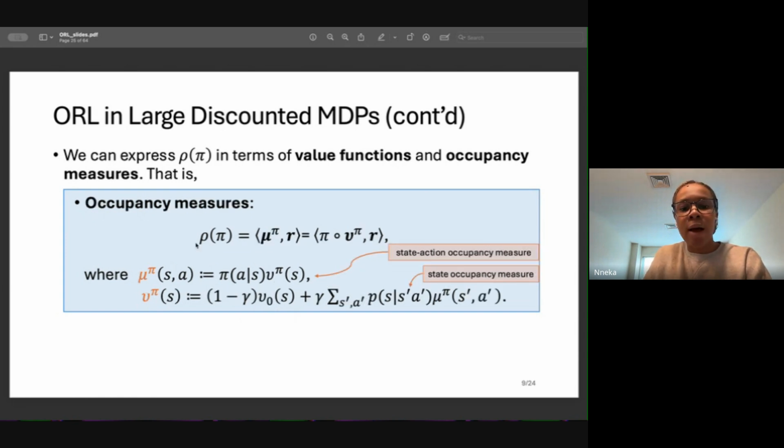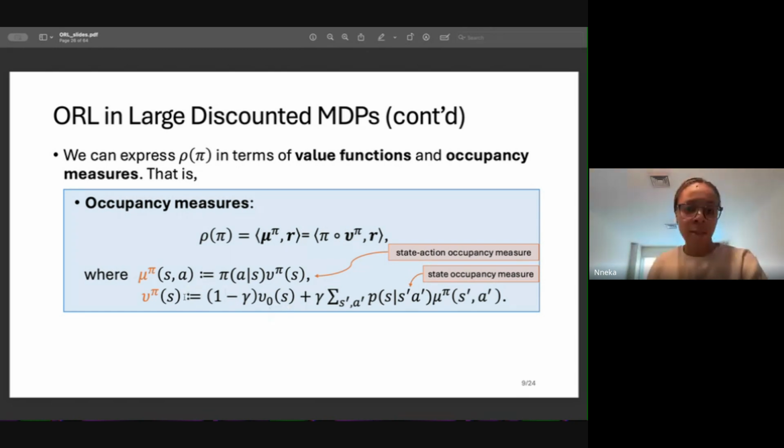We can also have a similar expression in terms of occupancy measures. Basically, we can write rho pi as this dot product, where now we have this new notation mu pi, which can be decomposed in terms of a policy and nu pi. This is a nu, not a v. Nu pi here is the state occupancy measure.